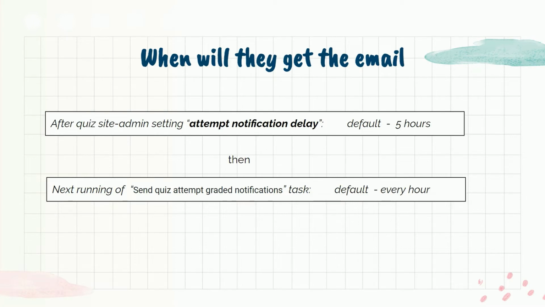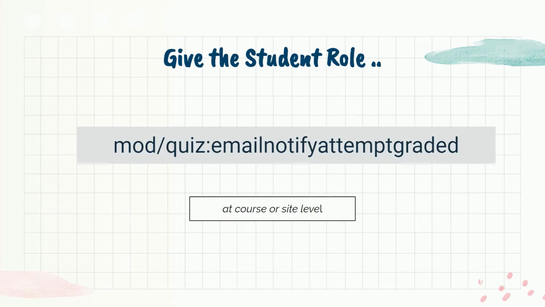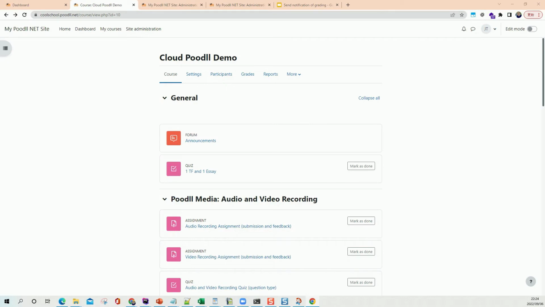Let's go now and actually add that capability to the student role. Here we are on our Moodle course, and we have a quiz that we're going to use for testing. It has one manually graded question, the essay question, and one automatically graded question, the true-false question. Before we do that quiz, we want to set that capability for the student role.